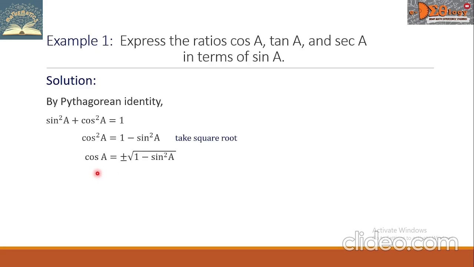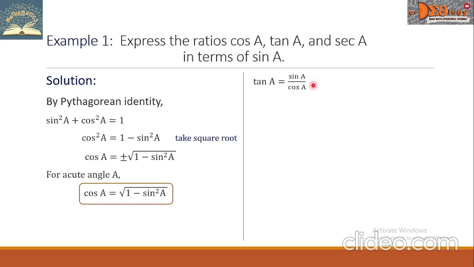The left side becomes cosine A equals, the right side is plus or minus the square root of the quantity 1 minus sine square A. Since we are dealing with acute angle A, the cosine A will take the positive value of the square root of 1 minus sine square A. So this is the value of cosine A in terms of sine A. Then we'll have the tangent A. We know that tangent A equals sine A over cosine A. Now, let us substitute the cosine value from this equation into here.